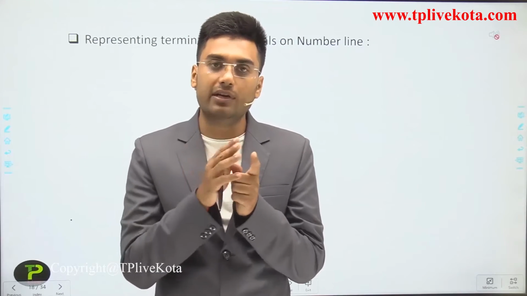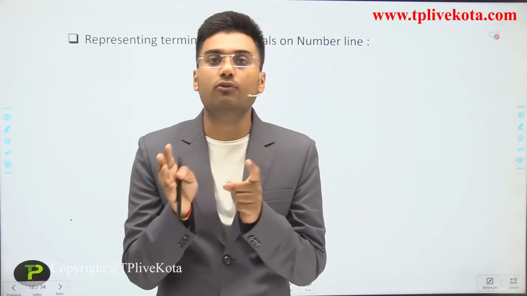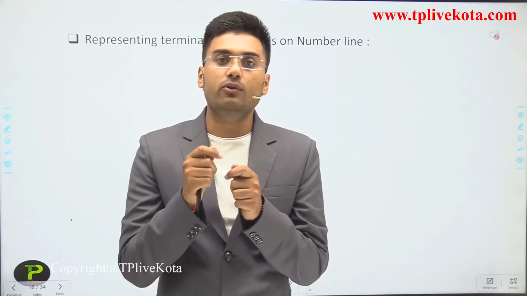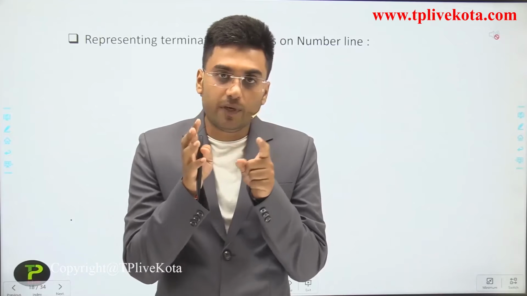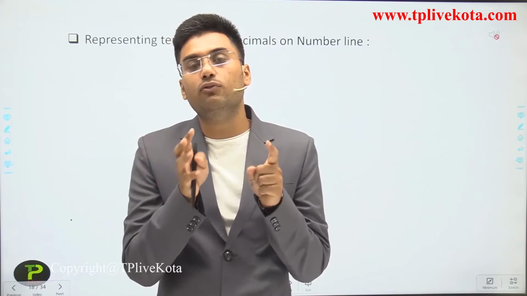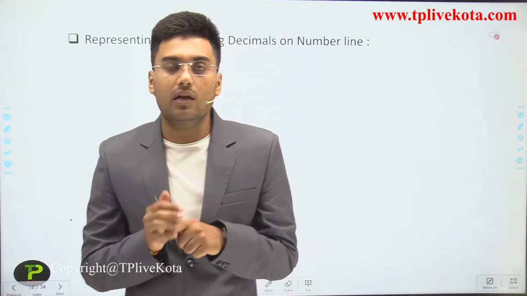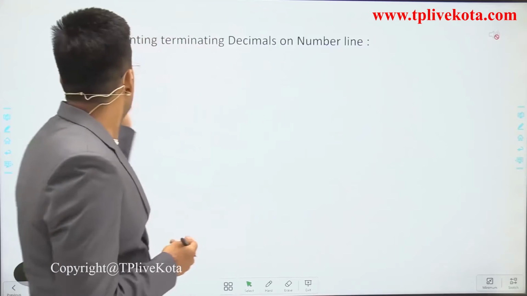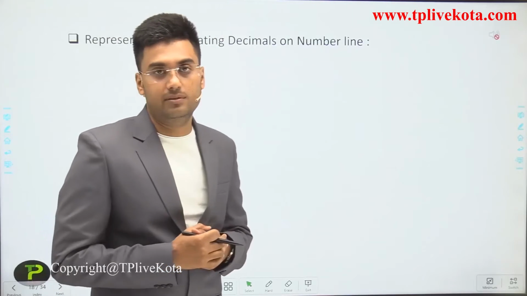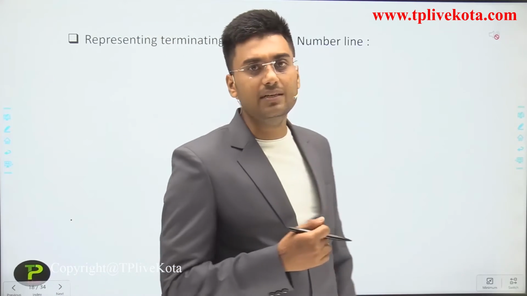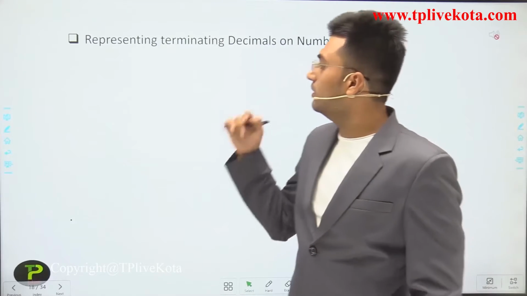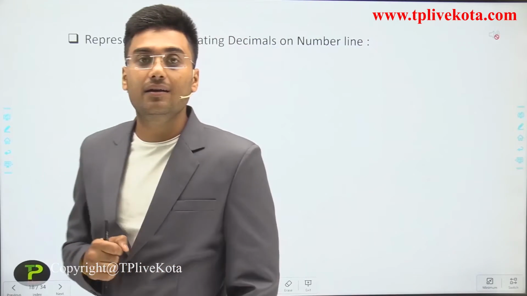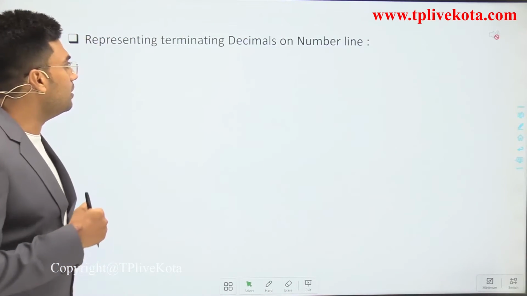Then our number belongs between 3 and 4. Then what we do, the distance between 3 and 4 is divided into 4 equal parts. Okay, now we have to represent terminating decimals on a number line.